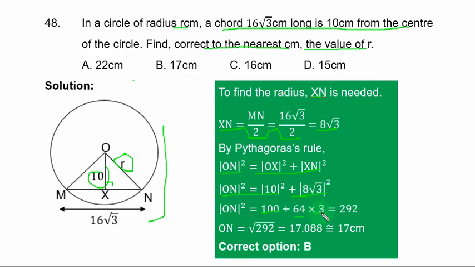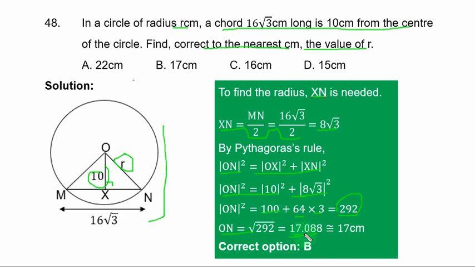If you multiply and add, you have 292. To get ON, take the root of both sides. So ON is equal to root of 292. So you have 17.088.